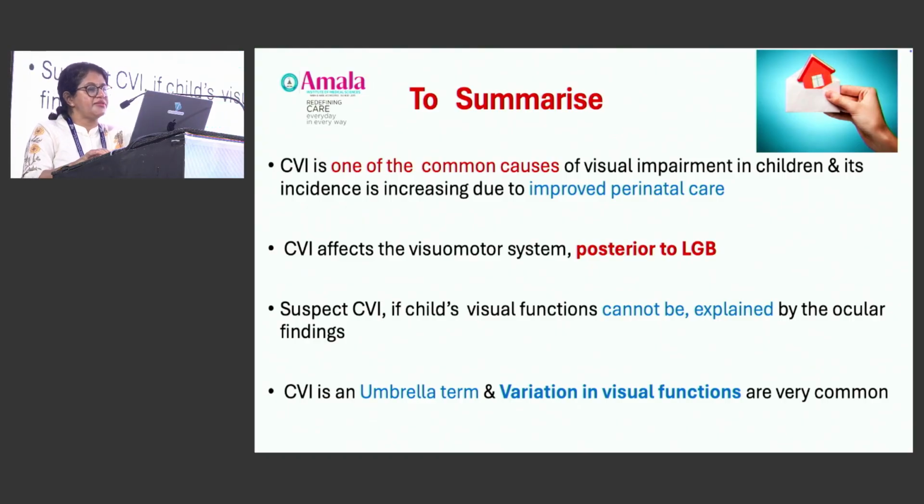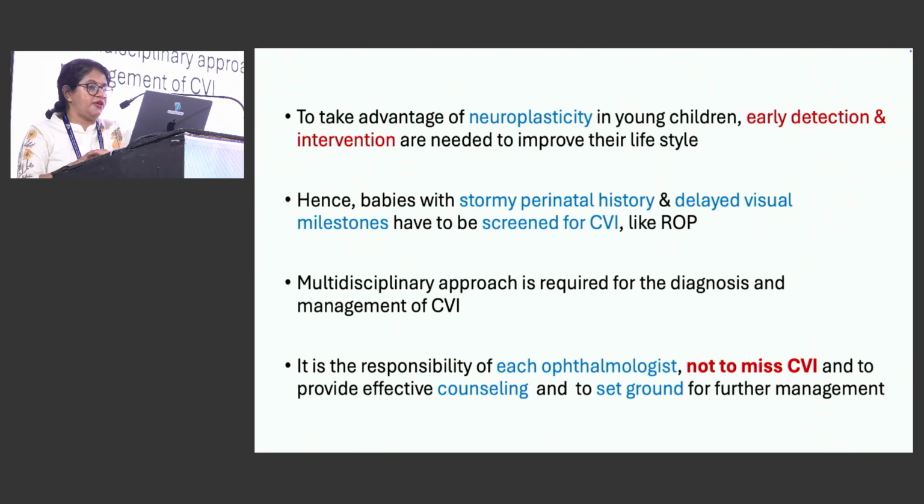To summarize, CVI is one of the common causes of visual impairment in children, and its incidence is increasing due to improved perinatal care. CVI affects the visuomotor system posterior to the lateral geniculate body, and suspect CVI if the child's visual functions cannot be explained by ocular findings. And CVI is an umbrella term, and variation in visual functions is very common.